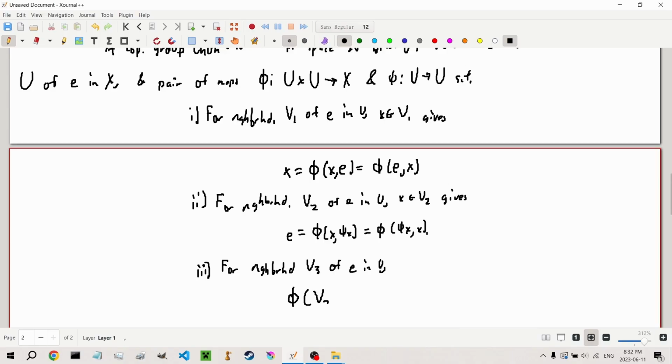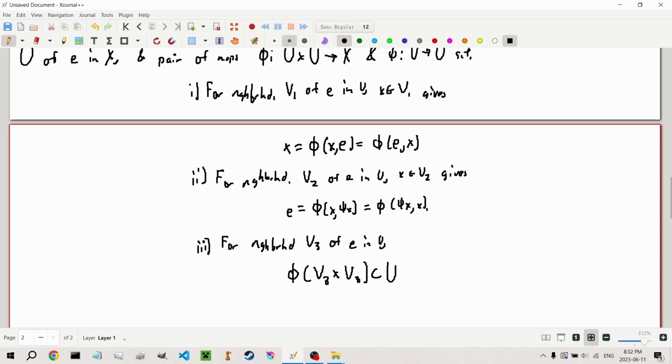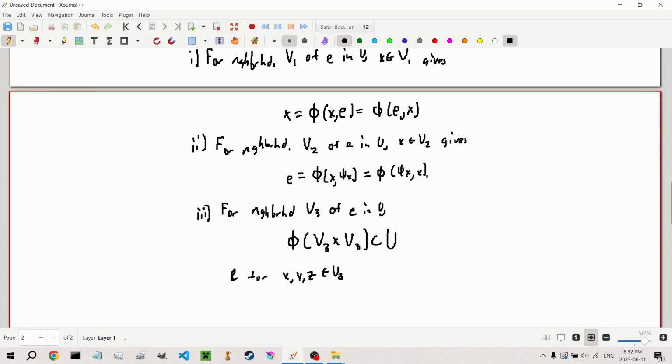Phi of any two elements of v3 is in U, and for x, y, and z in v3, phi of x with phi of y and z is phi of x and y and z.